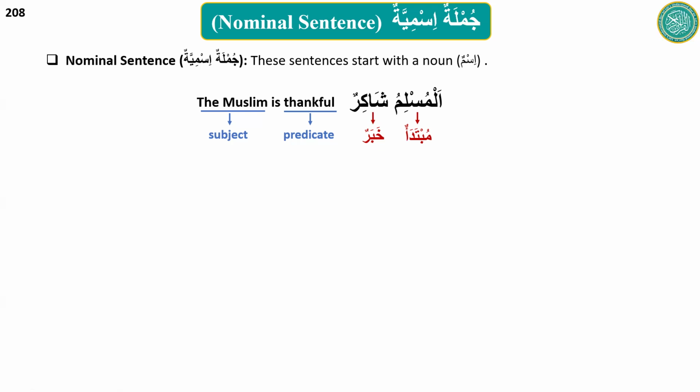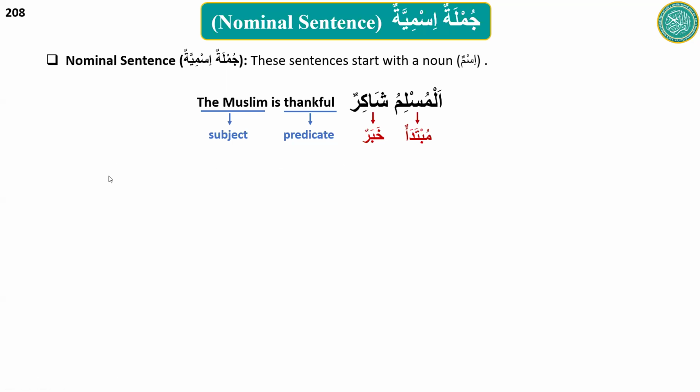If mubtada is singular, khabar will be singular. If mubtada is dual, khabar will be dual. If mubtada is plural, khabar will be plural. If mubtada is masculine, khabar will be masculine. If mubtada is feminine, khabar will be feminine.